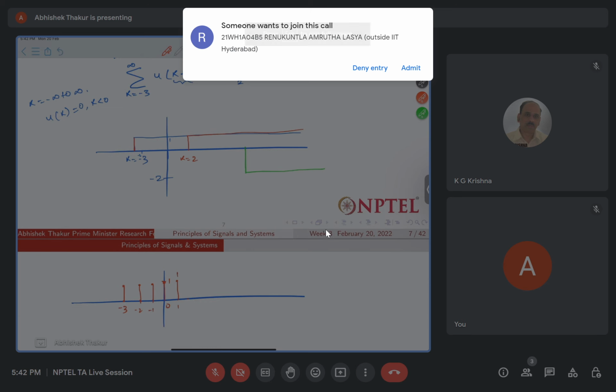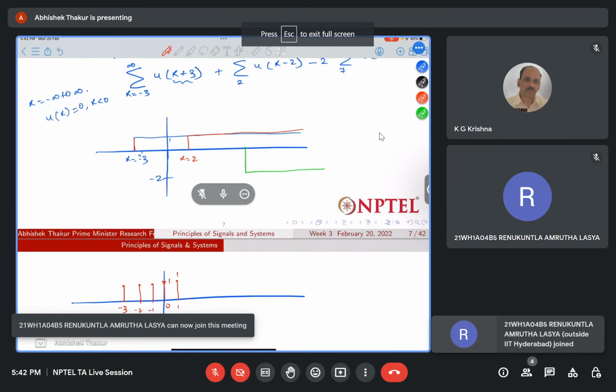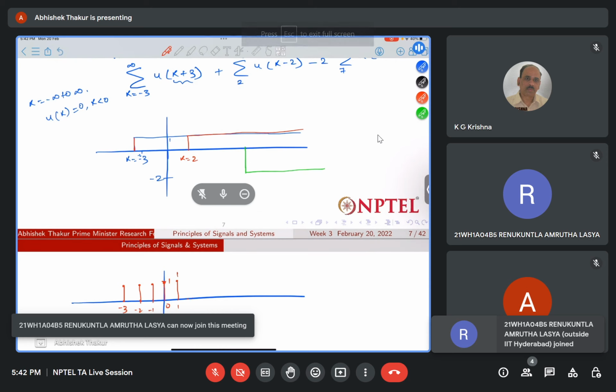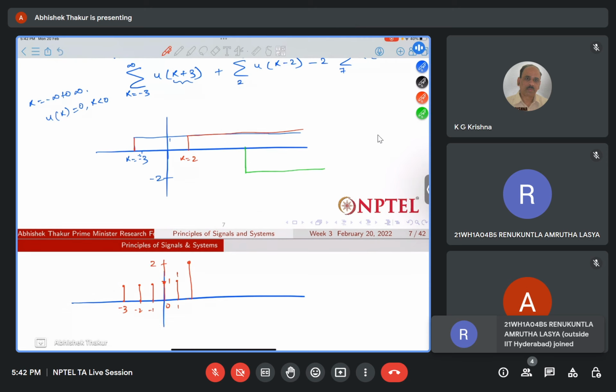Now when k is equal to 2, it will be twice, because the two signals are added. Up to 7, it will be 2. Now after 7, this 1 plus 1, 2 on the upper side, and this minus 2 will cancel out, and for all the values it will be 0.